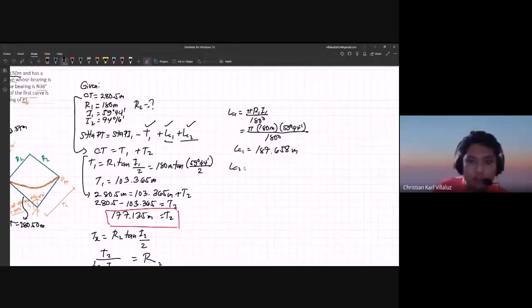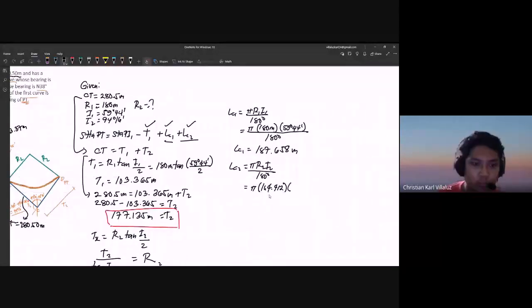LC2 pi R2 I2 over 180. R2 is 164.412. I2 is 94 degrees and 16 minutes. Oops.